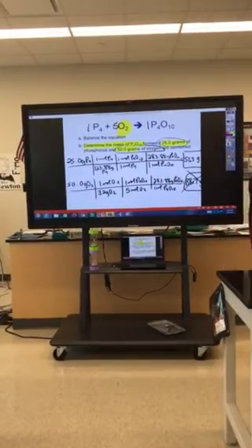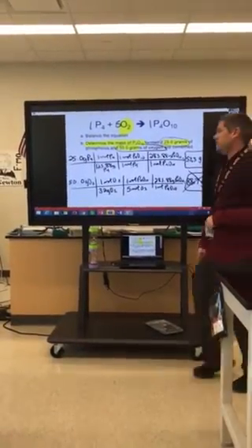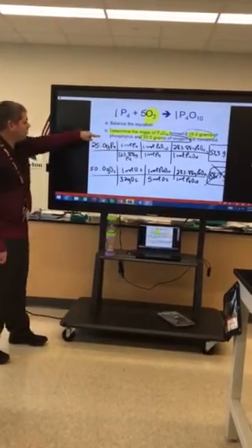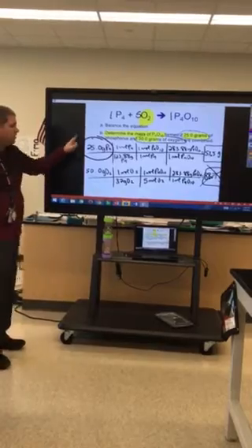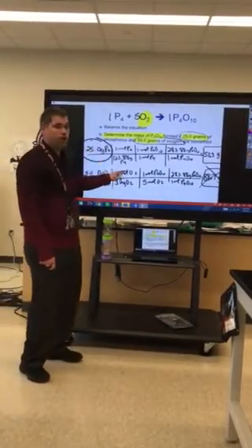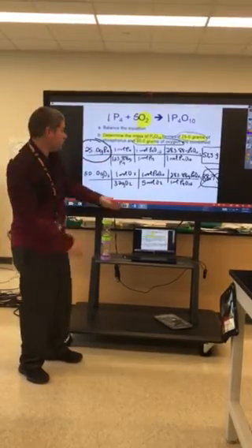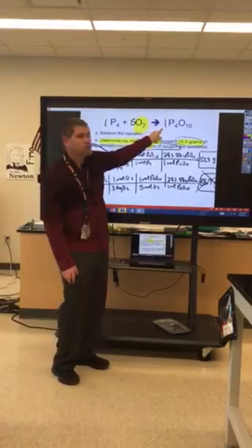So how do we begin? We begin by using, just go with the first given, 25 grams of phosphorus. Again, we need to change that into moles, just as we did, by dividing it by the molecular weight. And then we look at the ratio, 1 to 1.